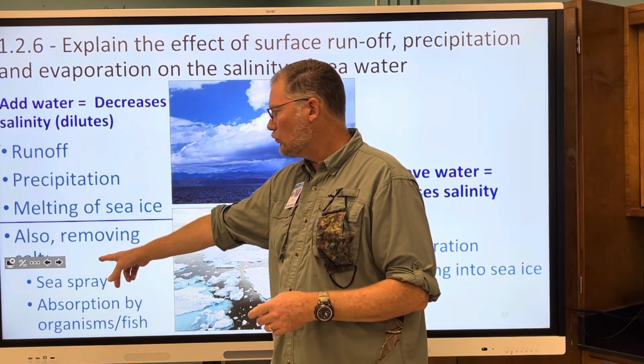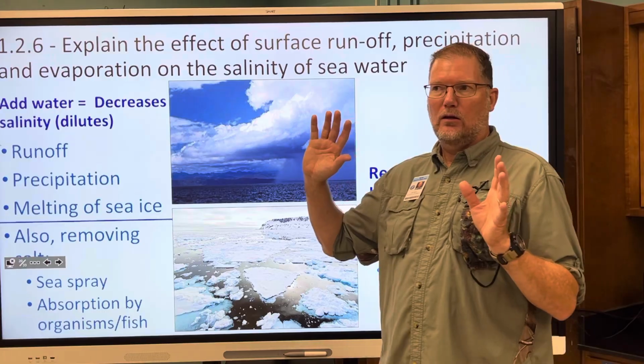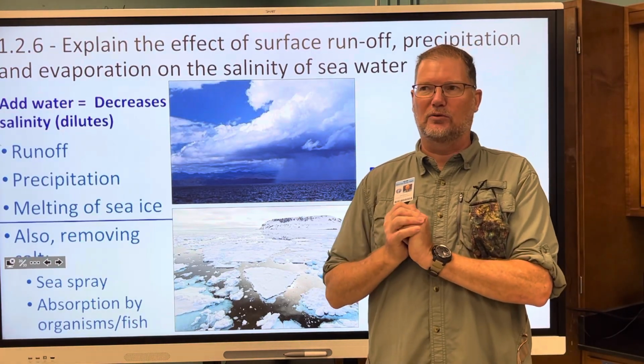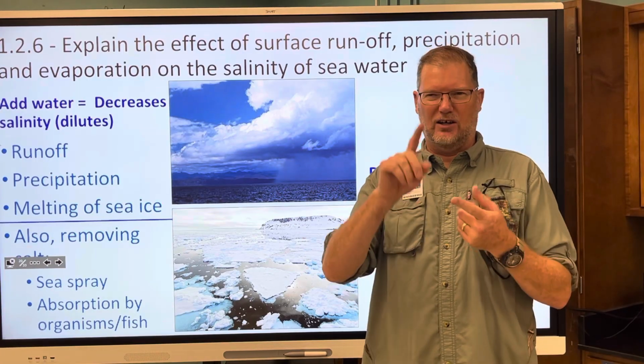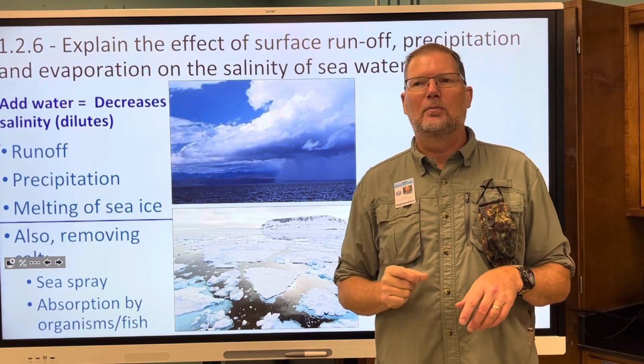Also, removing salt. So sea spray, if you've ever parked your car long enough by the ocean, or if you perhaps live by the ocean, you know that you get this mild coating of, you can go like this across your windshield, and it makes that sound, and it's salt.